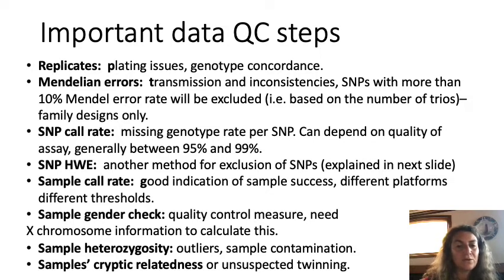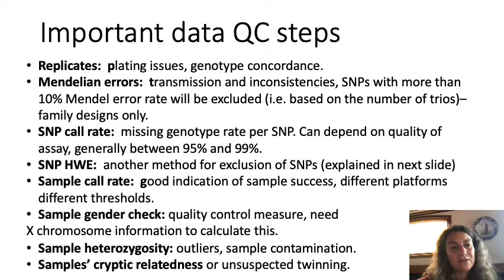So once you do SNP call rate, you could do sample call rate, and you may want to repeat SNP call rate depending on that. Another thing to do is a sample gender check. For this quality measure, you need X chromosome information to calculate it. You may want to add this as an additional sanity check to make sure there is a perfect overlap with your phenotype files in terms of sex.